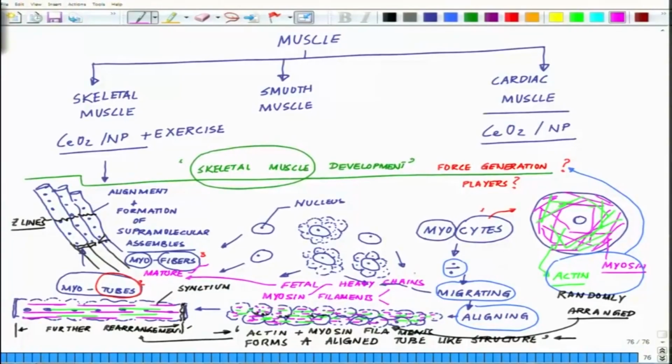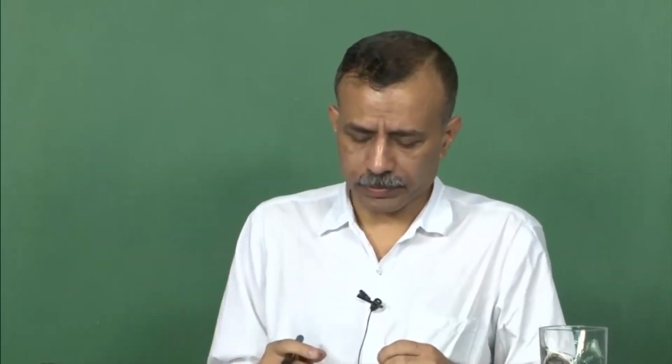Sometimes in biological literature you will come across this word MHC, myosin heavy chain, type 1, type 2. Likewise, there is a wide array of subtypes of myosins which you could see in the literature.